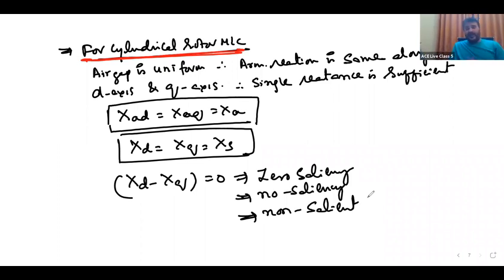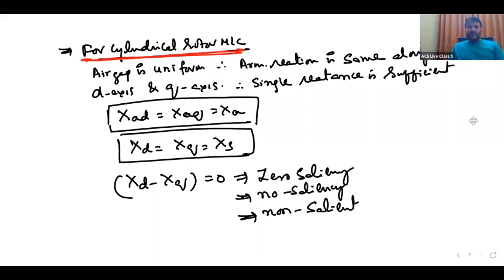When the reactances are different, the phasor diagram is also different. The phasor diagram for a salient pole synchronous machine will be different, because the current also has to be divided along the direct axis and quadrature axis, ID and IQ.